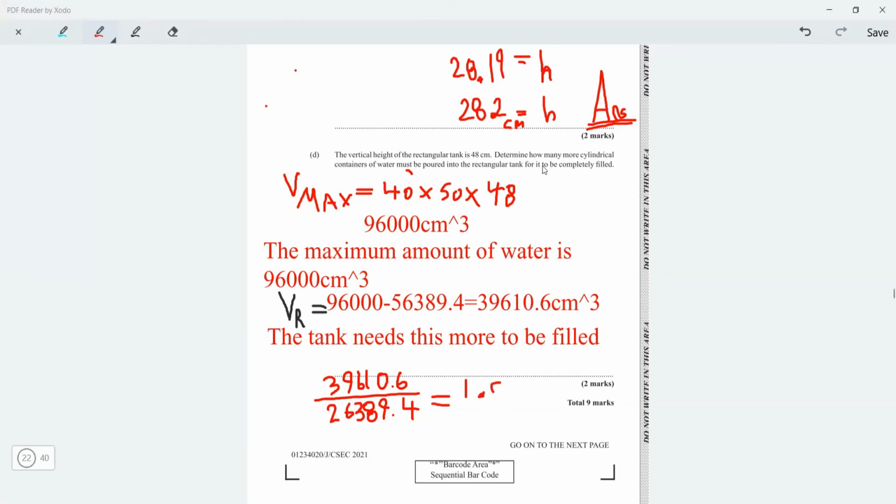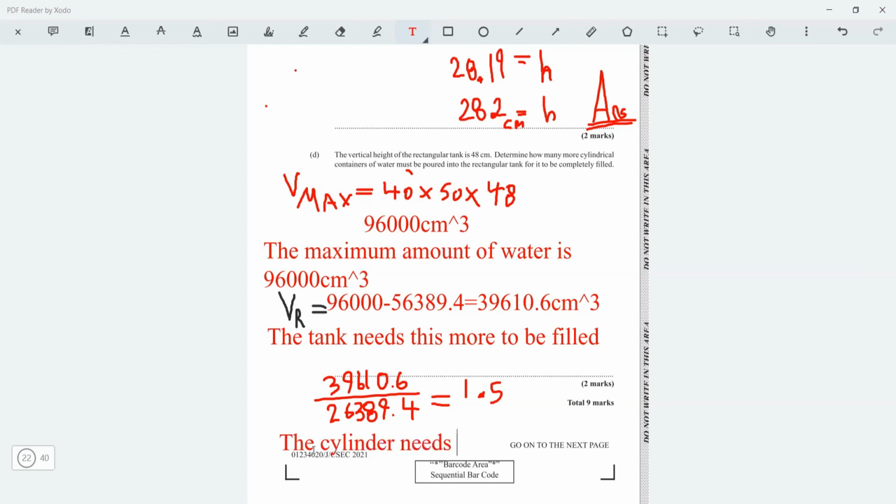So therefore, the cylinder needs to be filled 1.5 more times in order to fill the rectangular tank. So we can say the cylinder needs to be filled 1.5 more times for the rectangular tank to be filled.